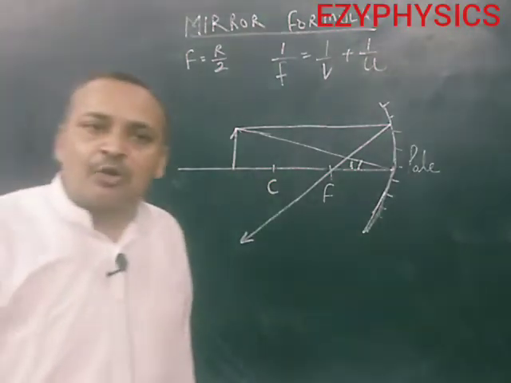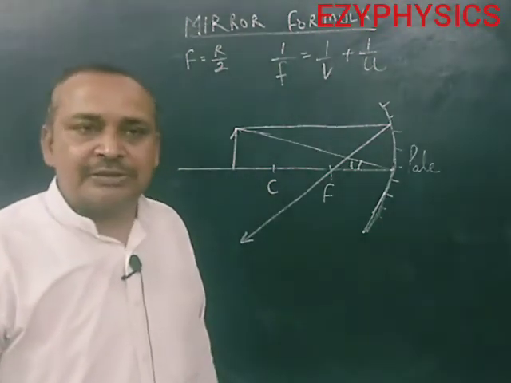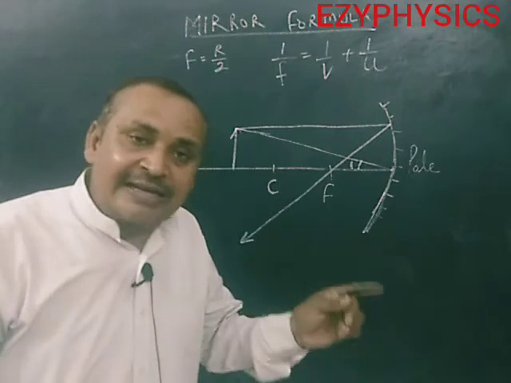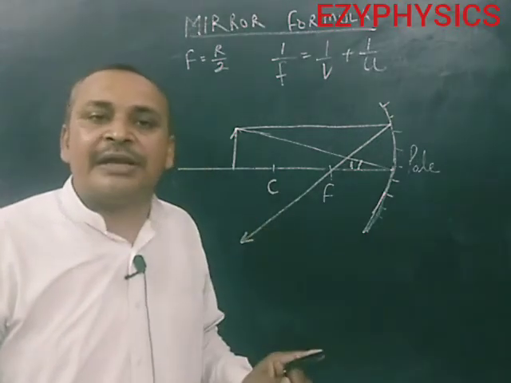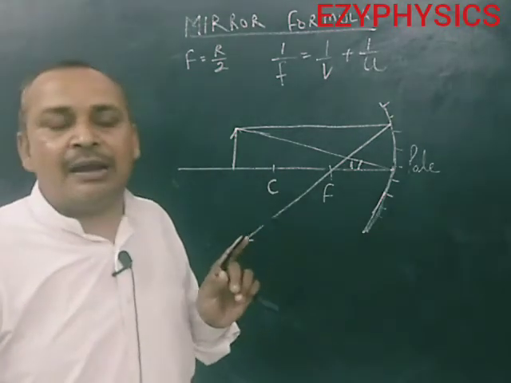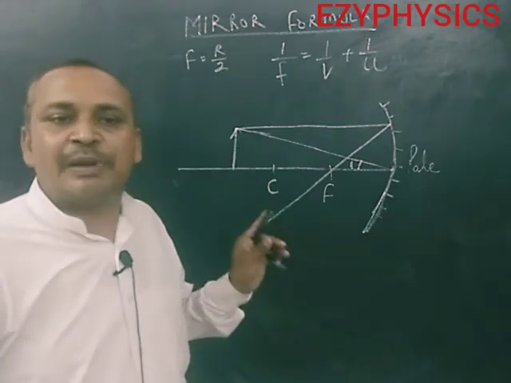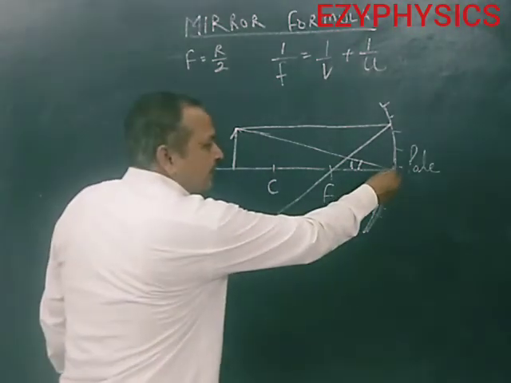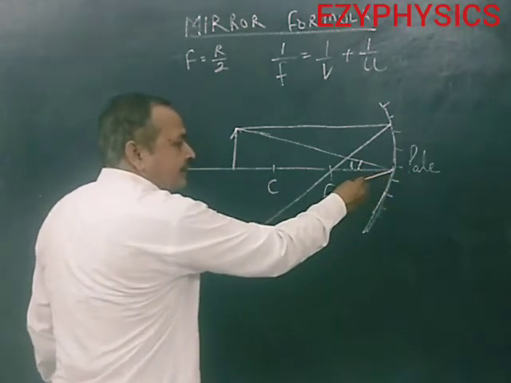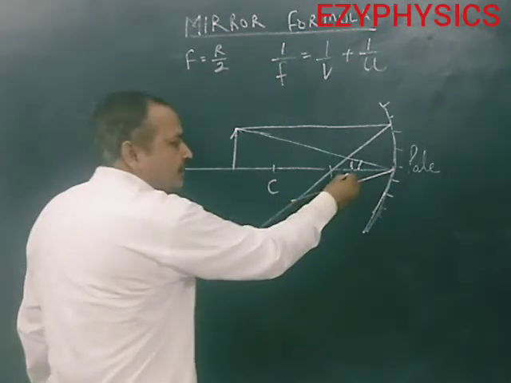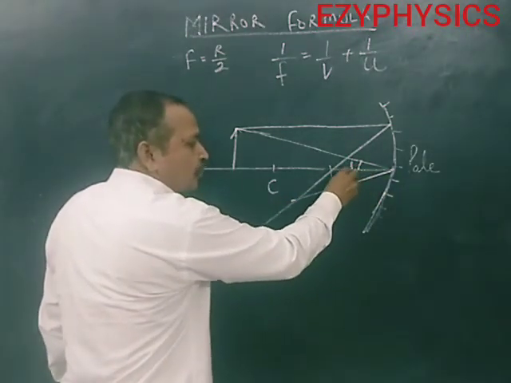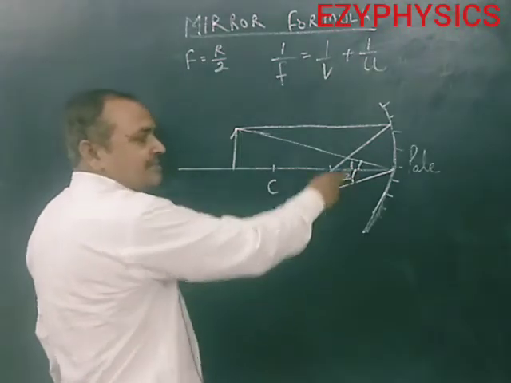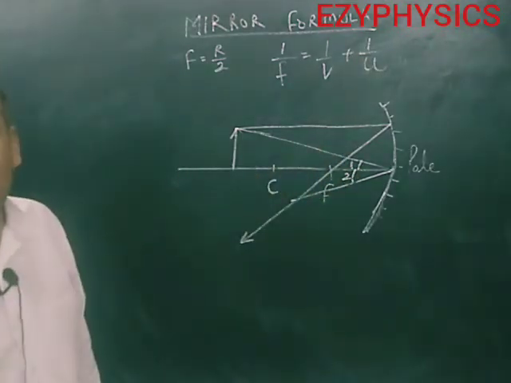And according to the law of reflection, the reflected ray will also make the same angle with the principal axis. It means it will be reflected back somewhere here such that your angle 2 is equal to angle 1.